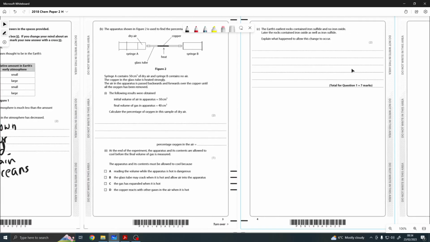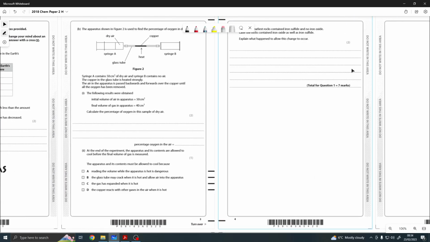Job done. Right, B says the apparatus shown in figure 2 is used to find the percentage of oxygen. There it is. Calculate the percentage of oxygen in this dry air. Now, initial volume of air is 50, final volume of gas is 40, so 10 centimetres cubed of it has been used up.